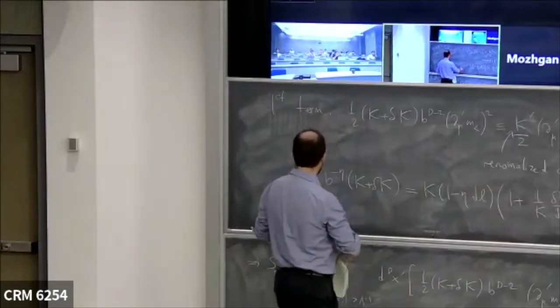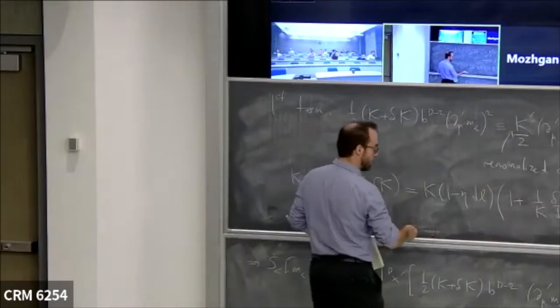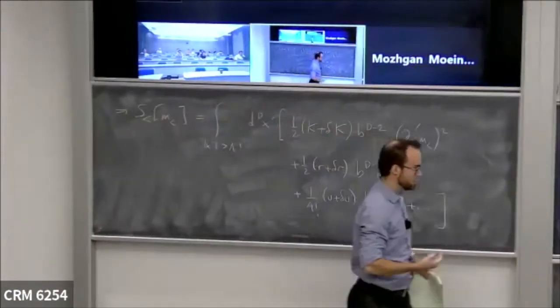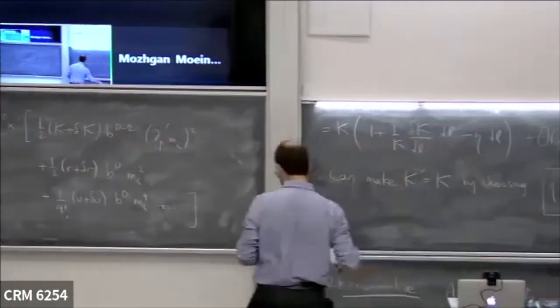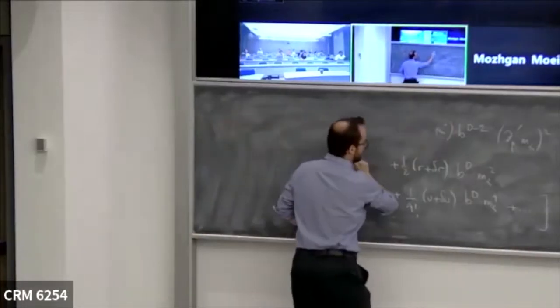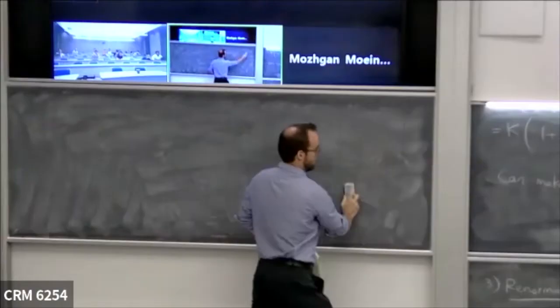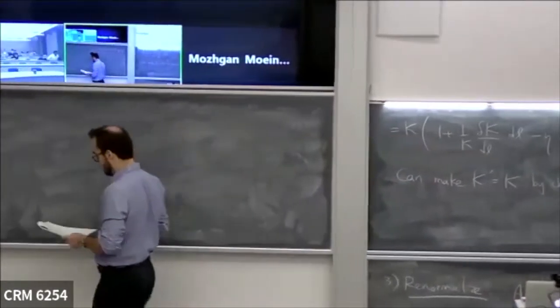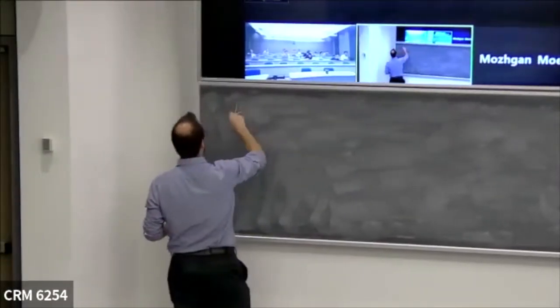Okay, so that was for this K prime, but once we've done that, in general, the other couplings will not remain invariant, they will flow, but we can determine how they flow again by writing what these prime couplings will be.